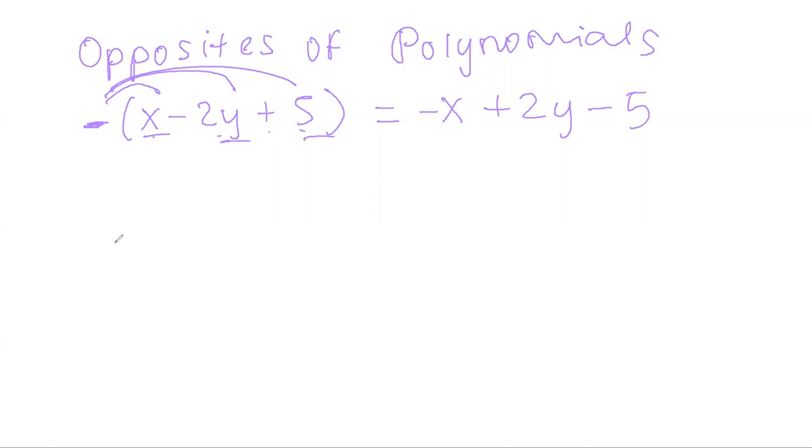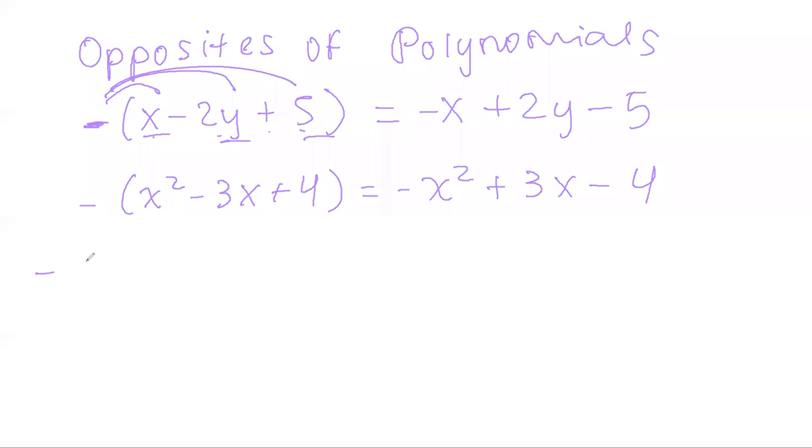And this is kind of the method of how we're going to subtract our polynomials. So if I have negative x squared minus 3x plus 4, this is the same thing as negative x squared plus 3x minus 4.